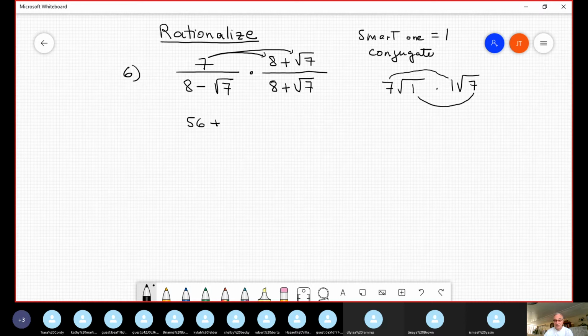We can never mix them. It's illegal, a violation. Outside, inside. It's a different category, and you cannot violate this category. So it's 7 radical 7, no? And now you multiply the conjugate.